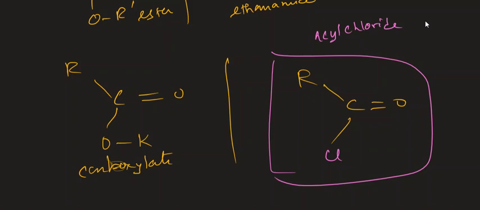In fact, carbonyl groups are said to be the queen of organic chemistry because millions of organic compounds and derivatives can be made from this carbonyl group, and that's why it's called the queen of organic chemistry.